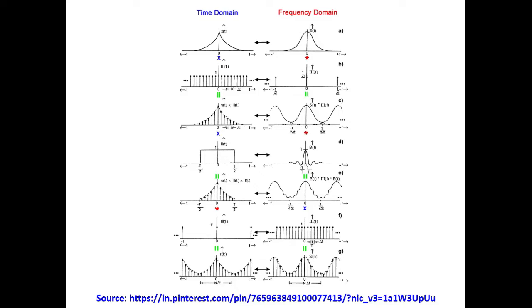Initially I found this graph somewhere, but somehow I lost track. Yesterday I could relocate it by Google searching the image. It showed that it is Pinterest, but I still don't know whether it is the original source or not. But yeah, due credit to Pinterest. So this is a very good chart.